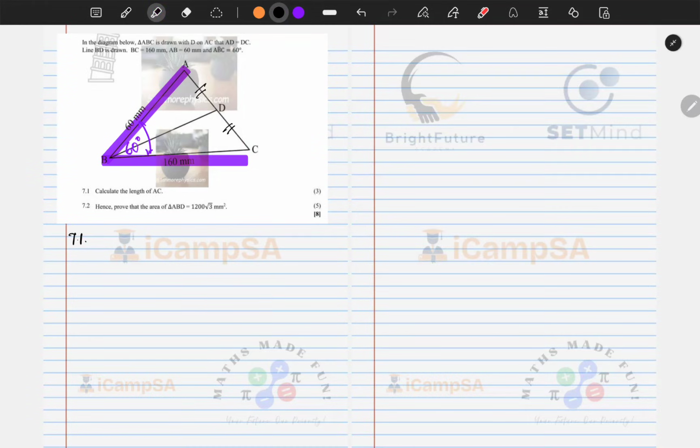So in order to find AC, you are just going to use cosine rule. The reason why you do that is because you have two sides and an angle between the two sides.